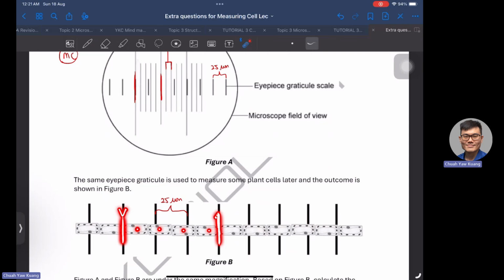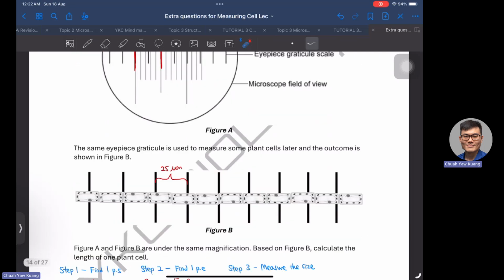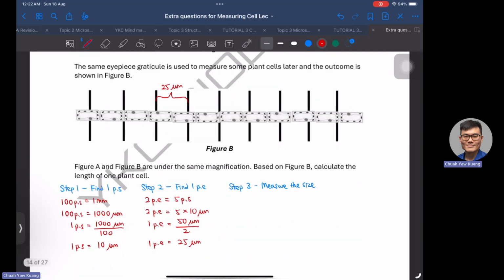Based on this, we now know that 1 pitch, 2 pitch, 3 pitch, so 3 pitch on the eyepiece reticule equals the length of 4 cell. Once we know this relationship, we can write it down. The length of 4 cell is equal to 3 pitch on the eyepiece reticule.